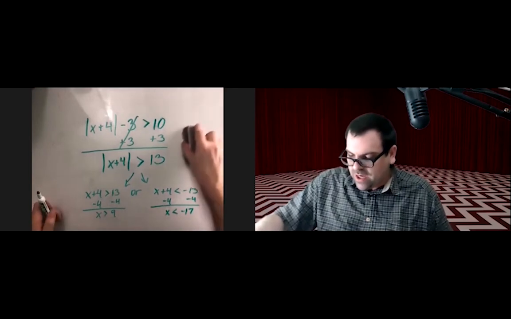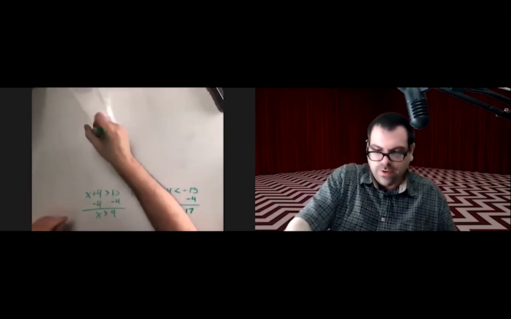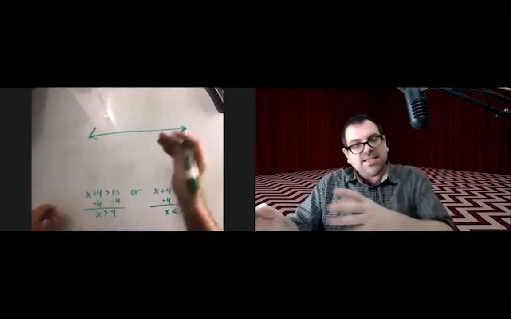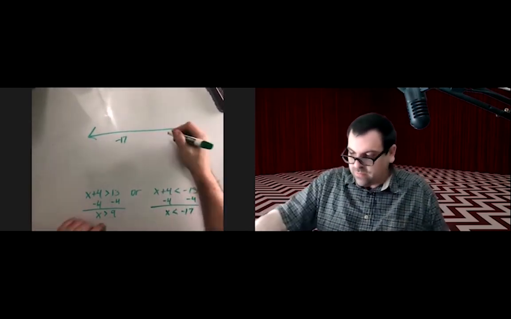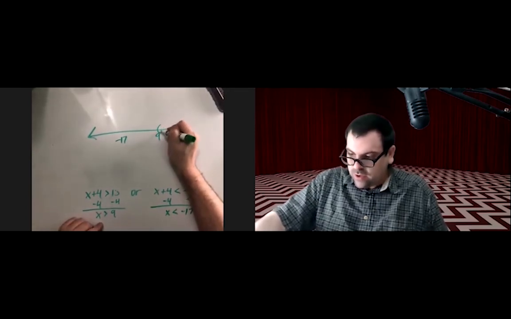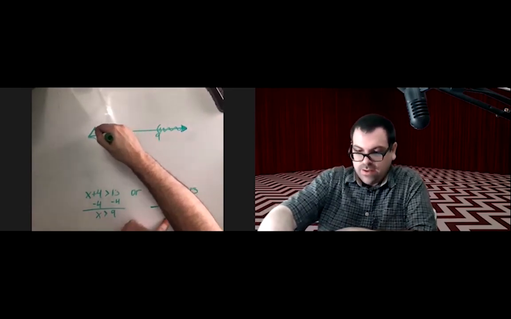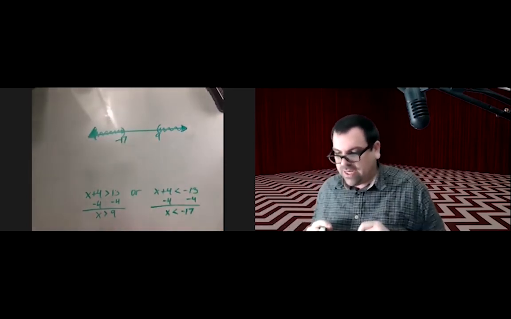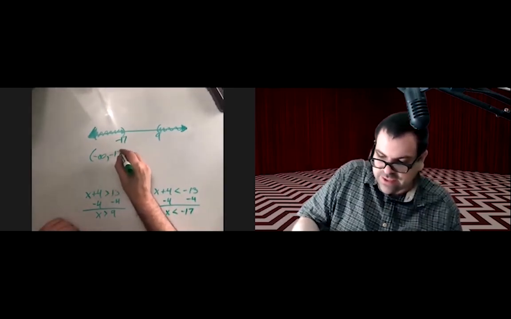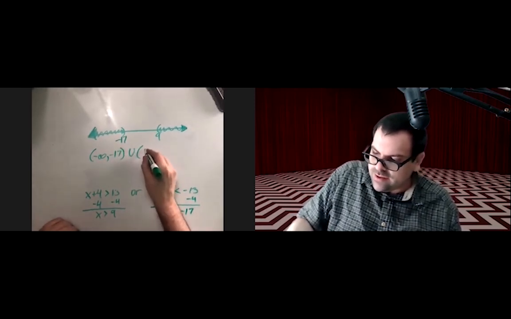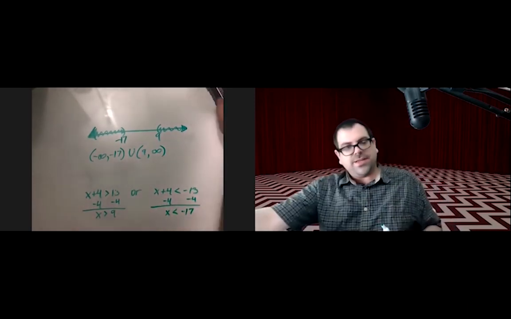These are the same things we got when we did it with the less than. But when we did it with the less than, we ended up graphing the middle stuff. Here we have our negative 17 and we have our 9, and we are greater than the 9. We are less than the negative 17. So negative infinity to negative 17, union 9 to infinity. That's going to be our answer there.